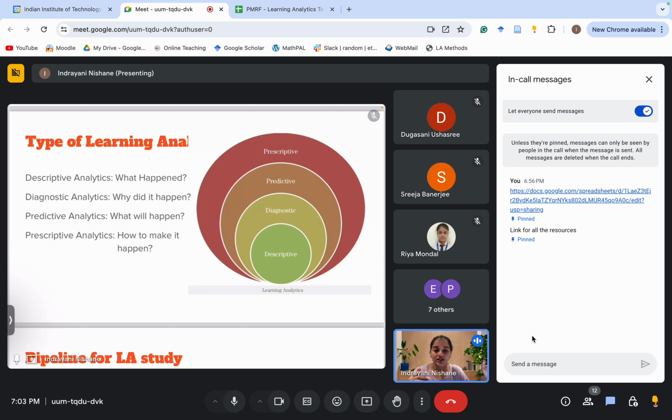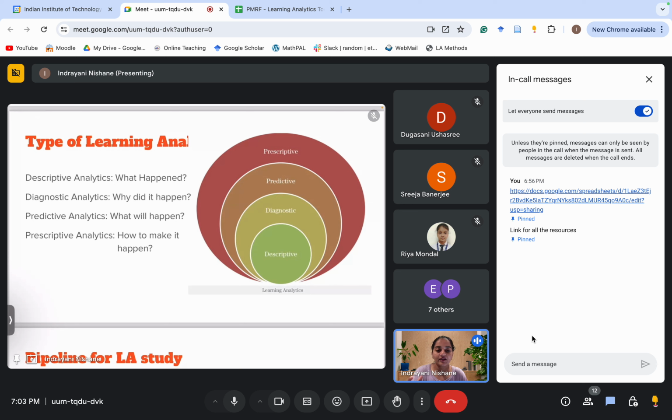So for diagnostic analytics, we generally do SPM, DSM, process mining. We try to understand the sequence of actions, and which actions led to which type of learning outcomes. So that type of questions are answered in diagnostic analytics. In predictive analytics, we do regression analysis. With the help of features or independent variables, we try to predict the dependent variable.